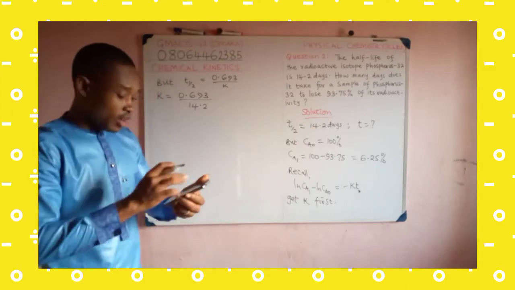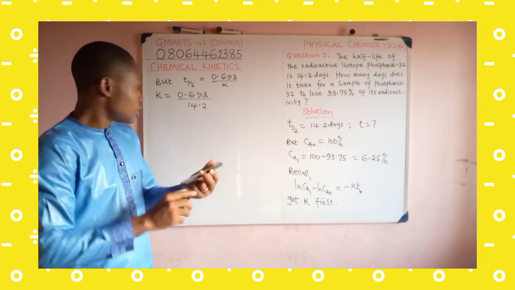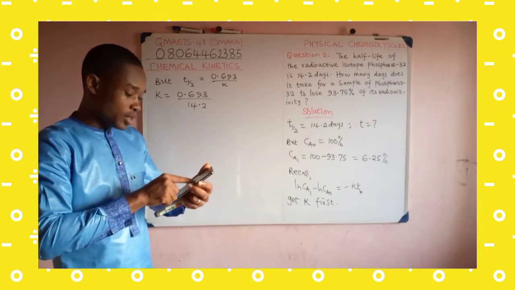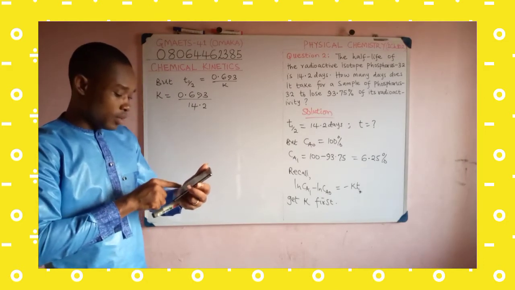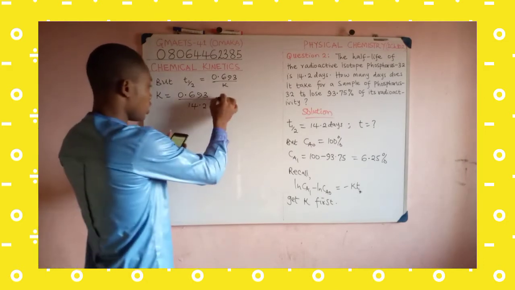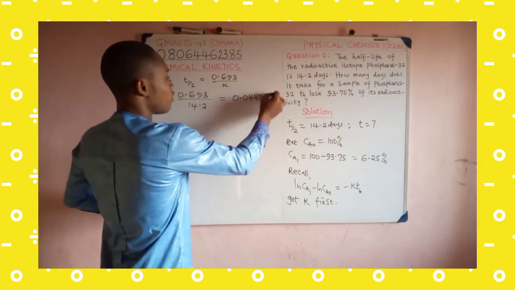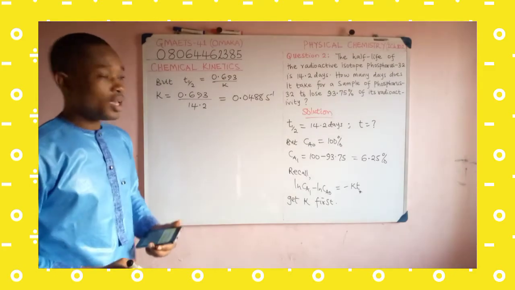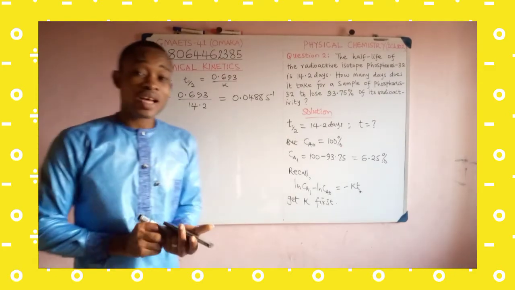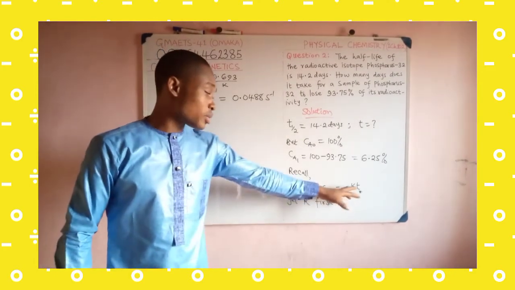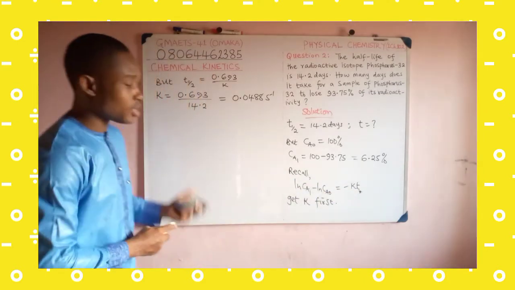So let us now find the value of K. Is that okay? So that's going to be 0.693 divided by 14.2. And from here, the value of K is 0.0488. You know, for first order, the unit of K is per time. Our problem is solved.